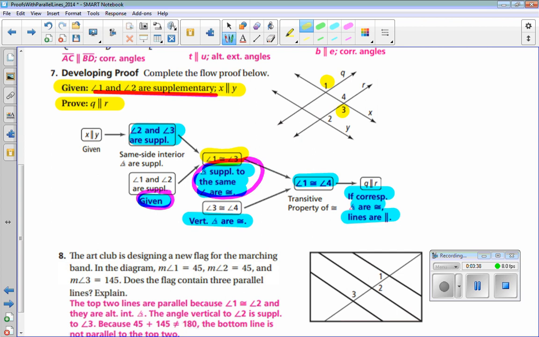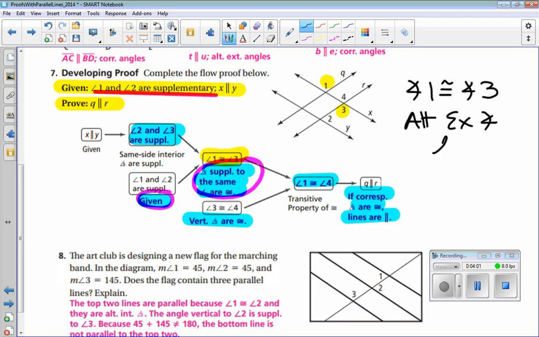Alternate exteriors. Good. So if 1 and 3 are congruent, then don't I know that Q and R have to be parallel? Because if 1 is congruent to 3, don't I know that because of the alternate exterior angle theorem, that the lines must be parallel? Would you agree with that? Lines are parallel. Yes, no?